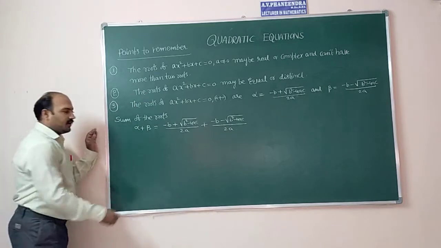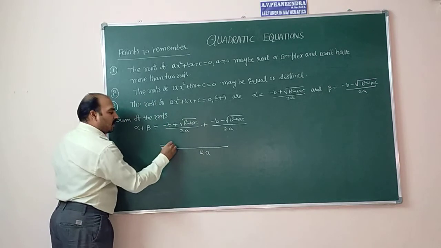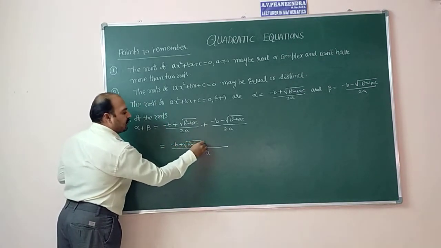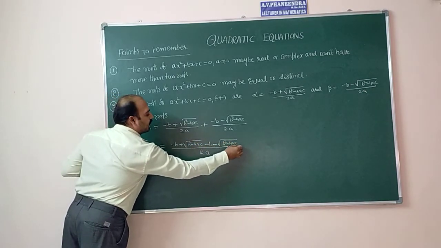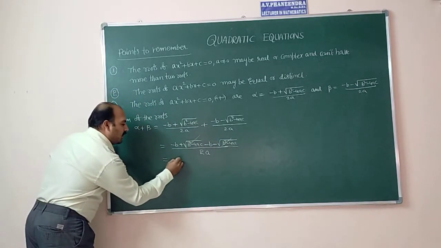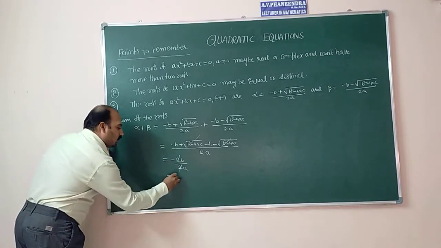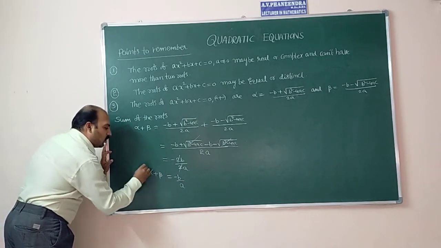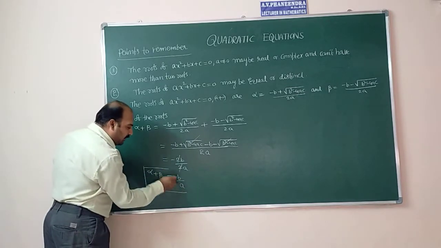Whenever the denominators are the same, you add the numerators. 2a is the LCM: minus b plus square root of b square minus 4ac minus b minus square root of b square minus 4ac, divided by 2a. So this is equal to minus 2b divided by 2a, which is equal to minus b by a. Therefore, the sum of the roots alpha plus beta equal to minus b by a.